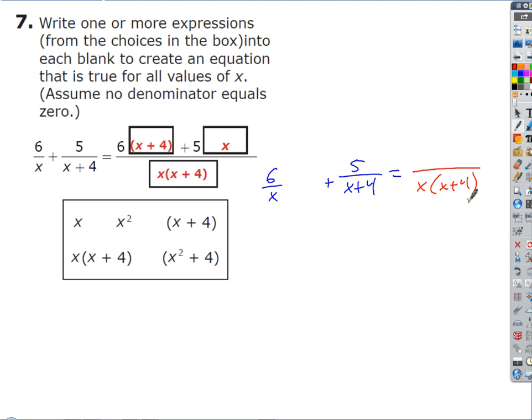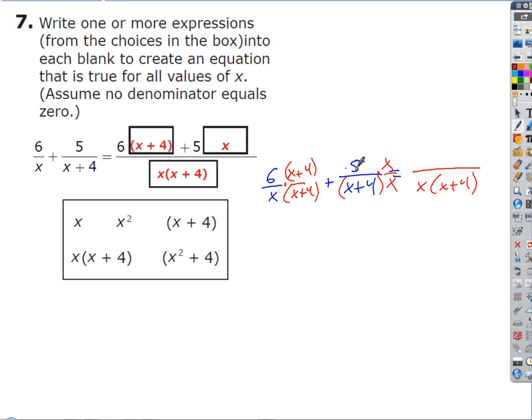So to get that, what are we going to have to do? We're going to have to multiply the first fraction by the quantity x plus 4 over the quantity x plus 4, and the second fraction by x over x, right? And so now you can see what's going on here. On the bottom, we've got our common denominator. On the top, we've got 6 times the quantity x plus 4 plus 5 times x.